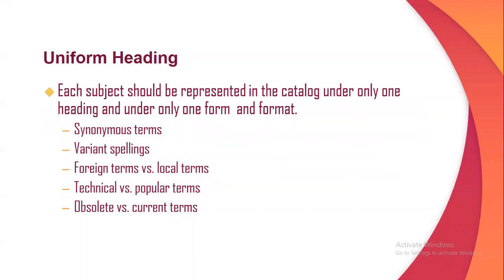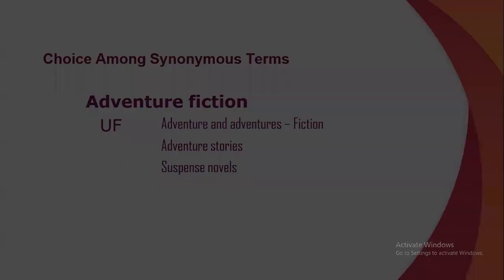For the uniform heading, each subject should be represented in the catalog under only one heading and under only one form and format. So the synonymous terms, the variant spelling, the foreign terms versus the local terms, the technical versus the popular terms, and the obsolete versus the current terms.